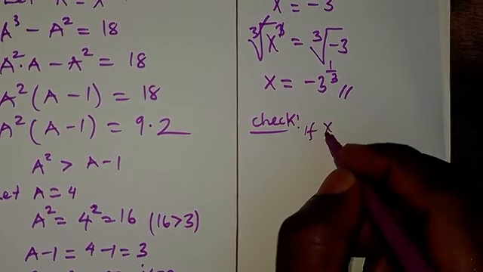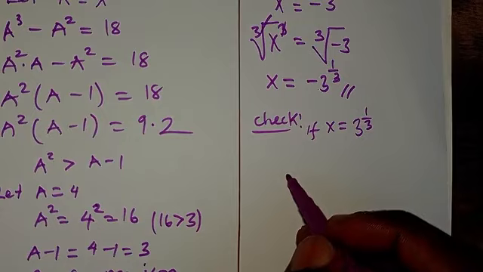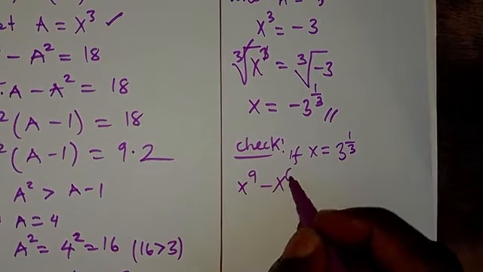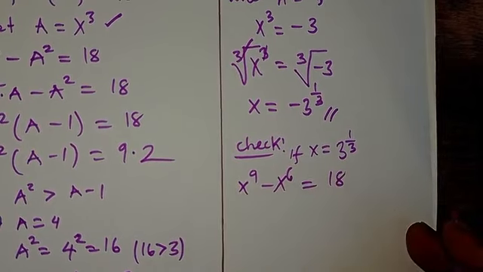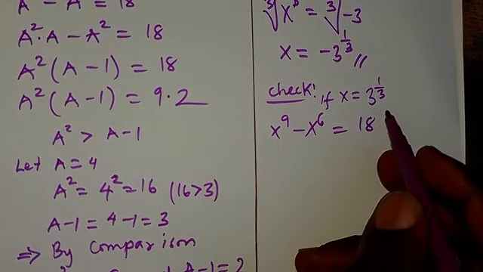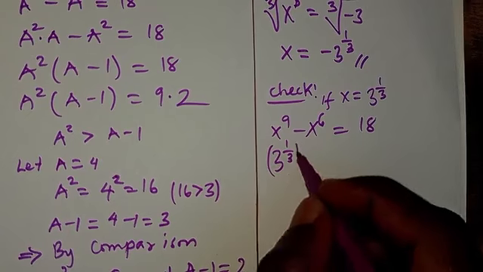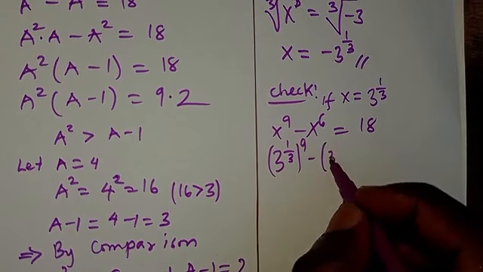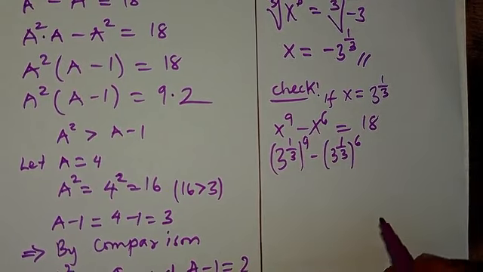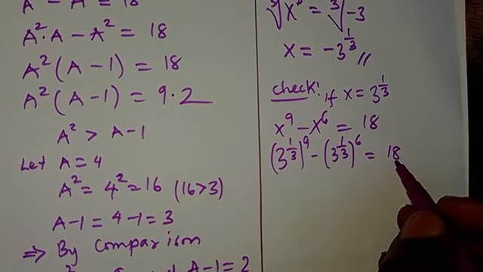So to do the check, if x equals 3 to the power 1 over 3, let's bring the equation: 9 minus x to the power 6 equals 18. That is the equation given to us. Whenever we see x, we replace it with 3 to the power 1 over 3, raised to the power 9, minus 3 to the power 1 over 3 raised to the power 6. We want to see whether all of this will be 18.